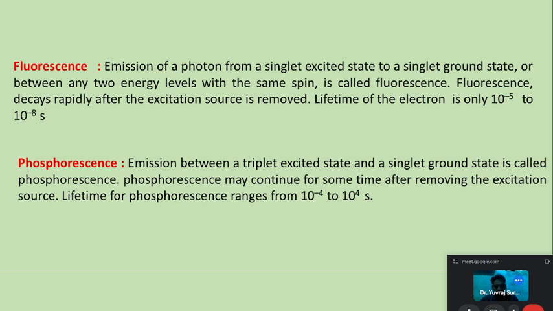While phosphorescence is nothing but the emission between the triplet excited state and the singlet ground state, that is T1 to S0. The phosphorescence may continue for some time after removing the excitation source. The lifetime is in the range from 10 raised to minus 4 to 10 raised to 4 second.